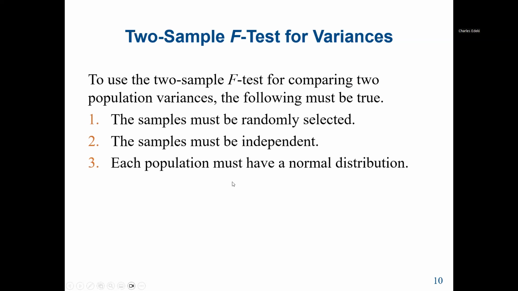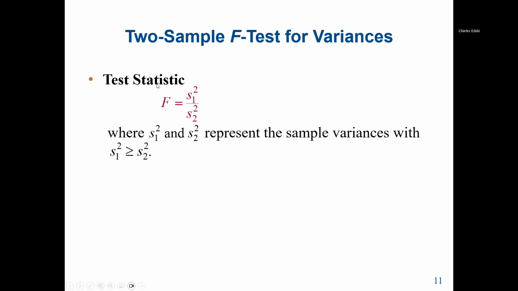Each population must have a normal distribution. Now, to find the test statistic, F is equal to S1 squared divided by S2 squared, where S1 squared and S2 squared represent the sample variances, with S1 squared greater than or equal to S2 squared.